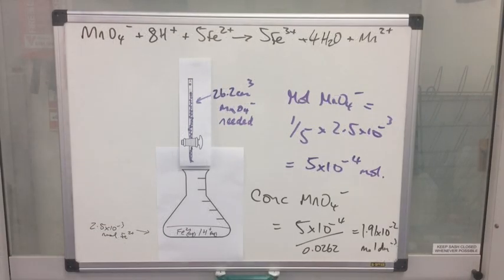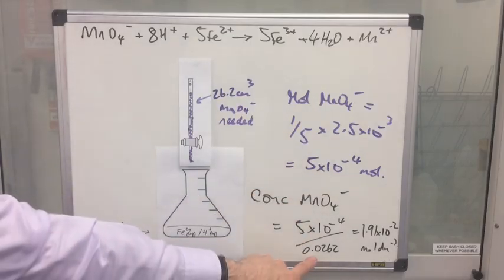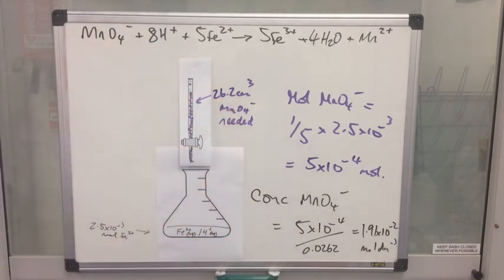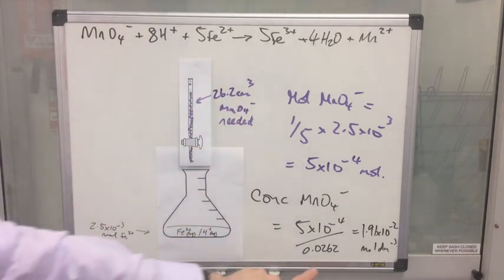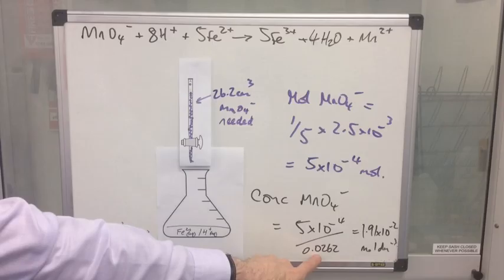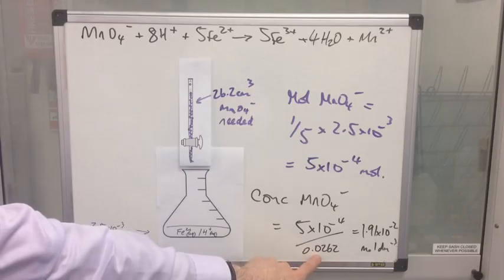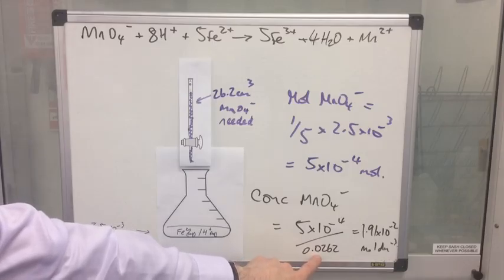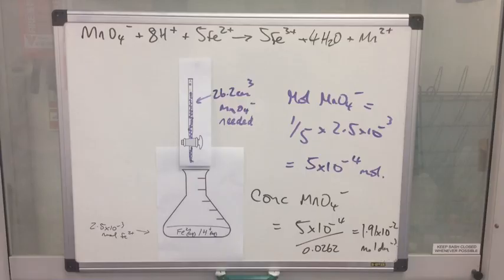And now we know the moles of MnO4- ions, this 5 times 10 to the -4. We know the volume that was required in the titration, this 26.2 cm³. And if you notice there, I've converted it into decimeters cubed because that's what you have to do in calculations involving concentration.